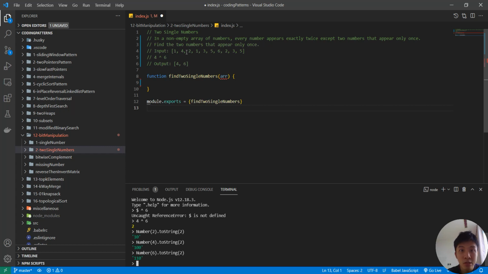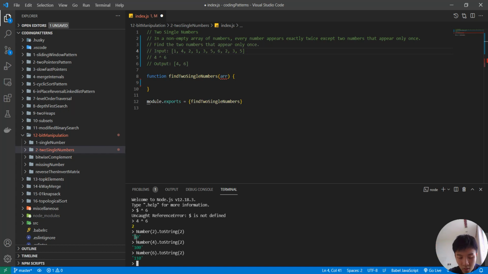So what if we divide our input into two groups? One group that has the bit at this position set, and one group that is not set.